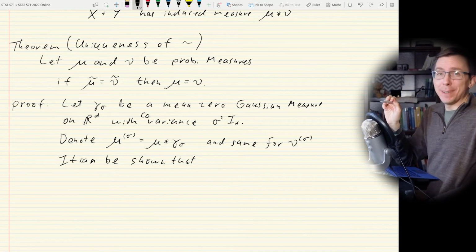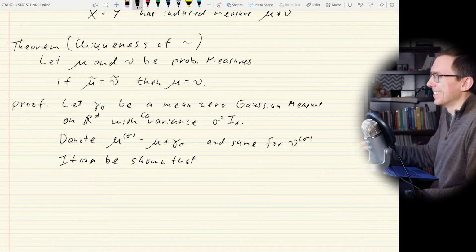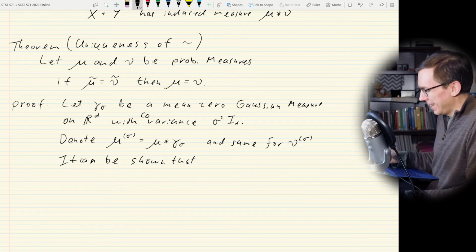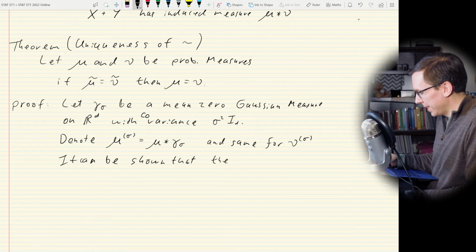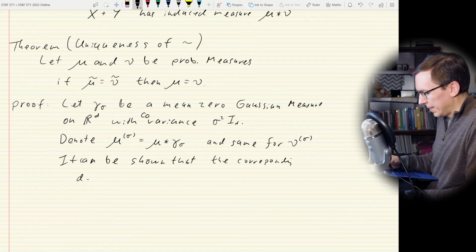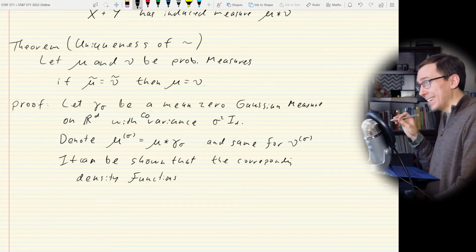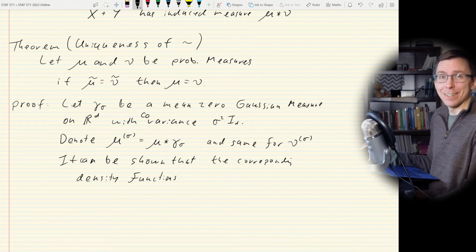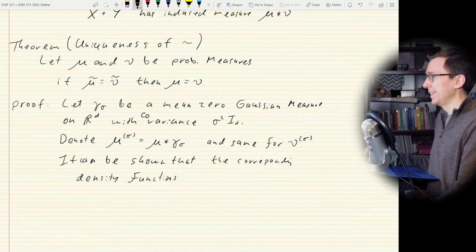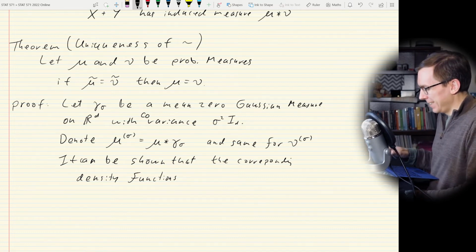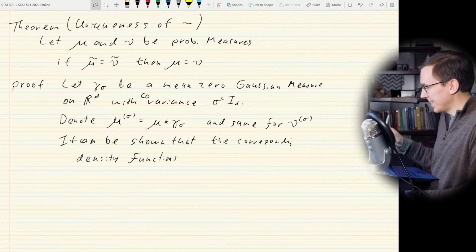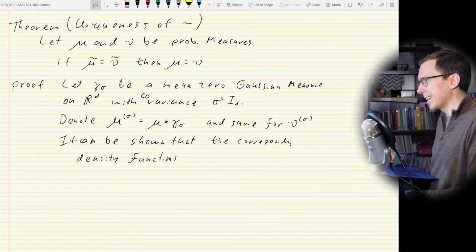It can be shown, which means I'm not going to actually do it, because I'm going to be lazy, that the corresponding density functions, which exist because convolving with a Gaussian measure is going to give us a density, something that's C infinity, I think, if I recall.